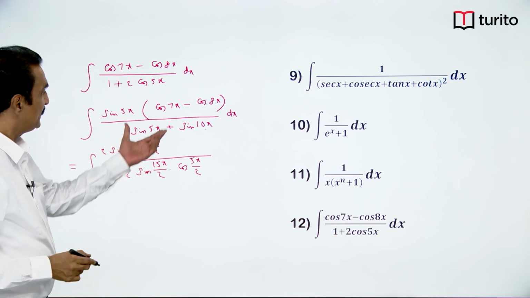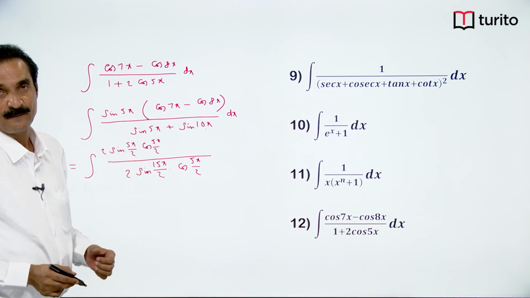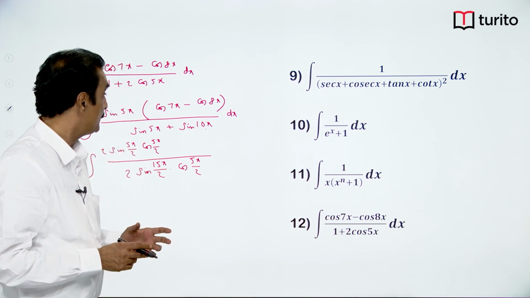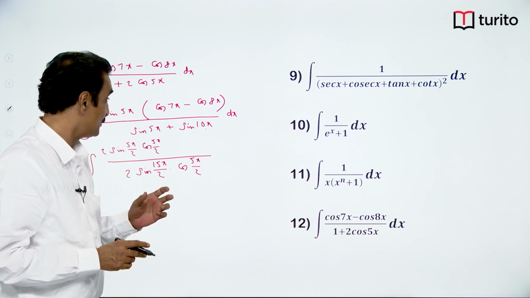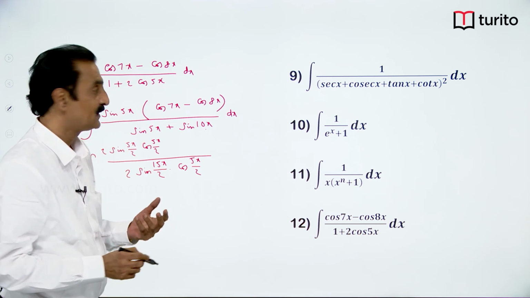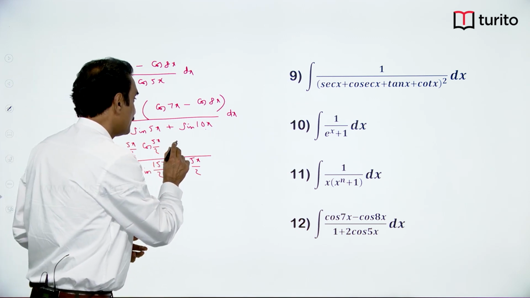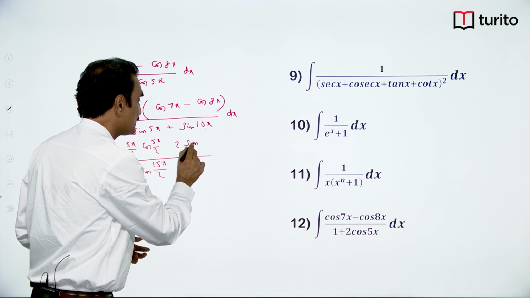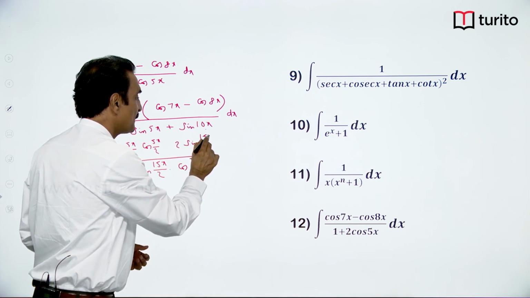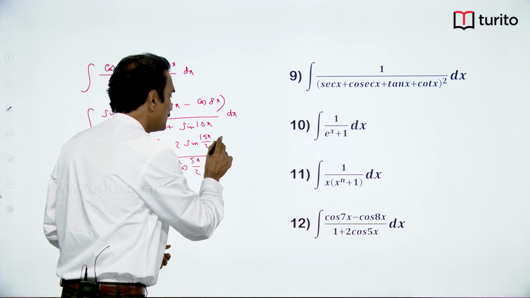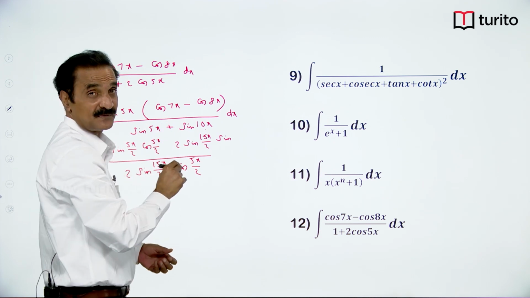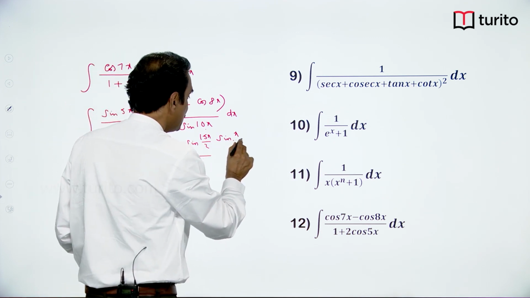2 sin 5x/2 cos 5x/2. Okay. Here cos c minus cos d is 2 sin (c plus d)/2 sin (d minus c)/2. So it is 2 sin (c plus d)/2 which is 15x by 2, into sin (d minus c)/2, 8x minus 7x by 2 is x by 2.